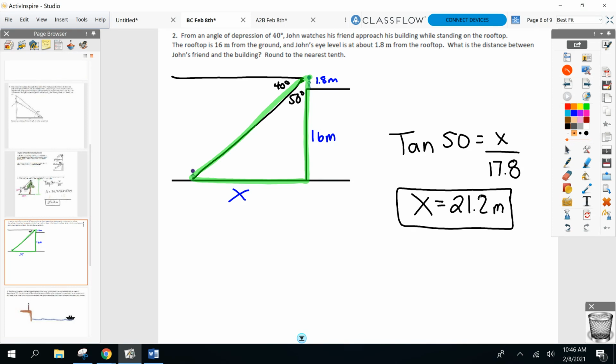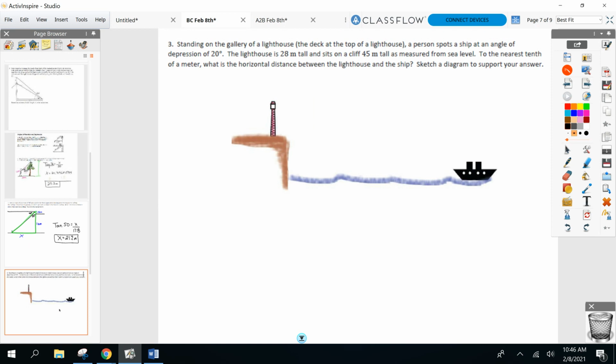All right, another depression one coming up. Now we got a lighthouse looking down on a boat. Angle of depression of 20 degrees. I'll still help you guys out here. This is our second one. I remember from the lighthouse, horizontal distance, and then looking down to the lighthouse. There's my angle. That's how the 20 degrees was created.